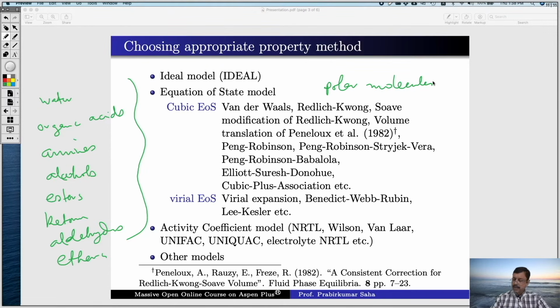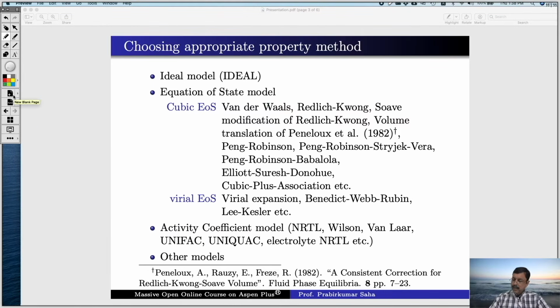In such a situation, you will use either an equation of state model or an activity coefficient model. Now, in case of gases, you will generally use an equation of state model. Equation of state models are PVT models. You might remember from your knowledge of thermodynamics, you have mainly cubic equation of state models and virial equation of state models.